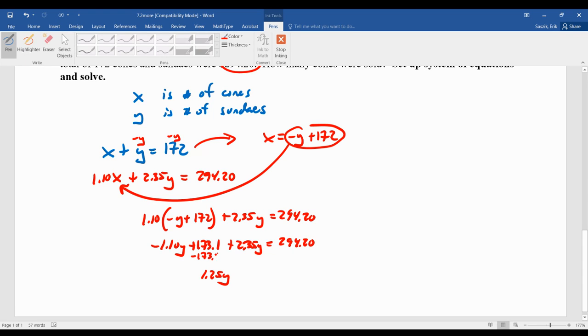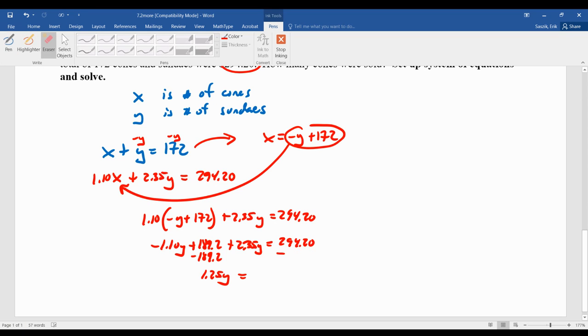Let's go ahead and move this over at the same time. I made a mistake here earlier. Sorry, folks. This is not 173.1. This is 189. I'm not too sure what happened there.